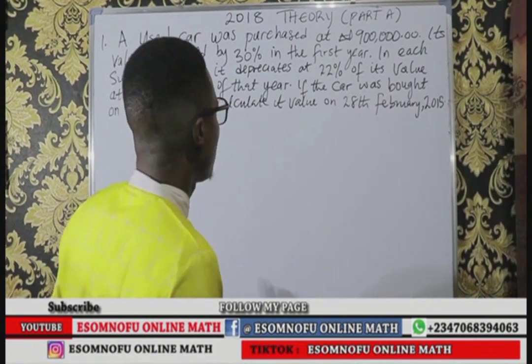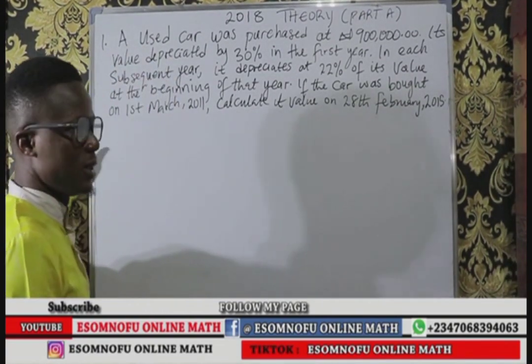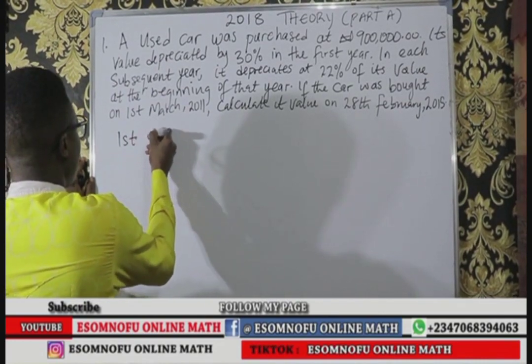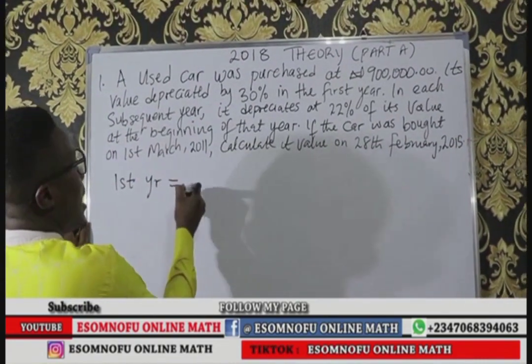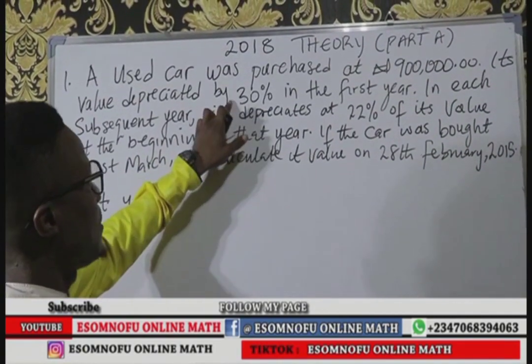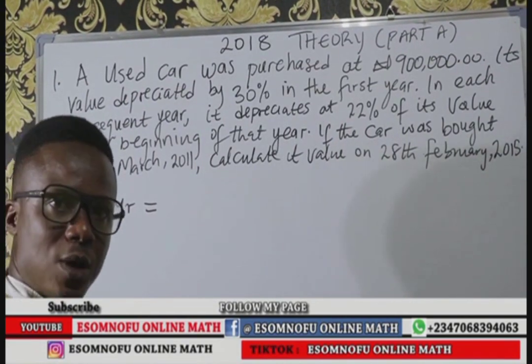Okay, so if you are told that the car is depreciating, you should know that the value is reducing year by year. So in the first year, we shall have 30% depreciation. You can actually find 30% of 900,000 naira then subtract.